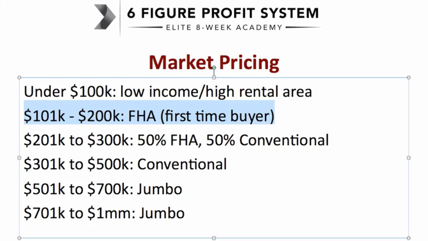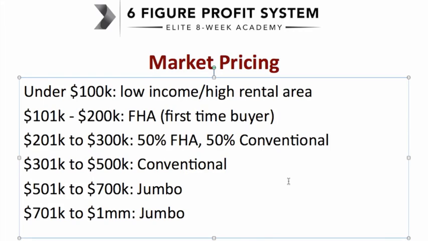Now, I do have a disclaimer I want to get out. This pricing that I've broken down here that you see on the screen is for most of your markets across the U.S. There are some exceptions, obviously, which are your coastal markets like L.A. and San Diego, and the East Coast side as well, the oceanfront property markets.